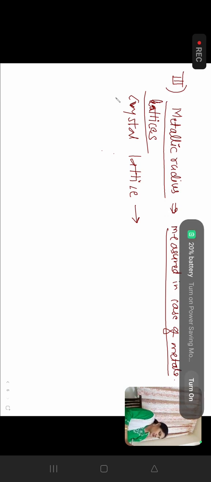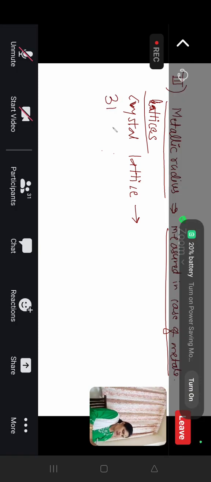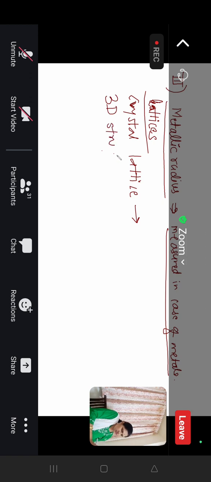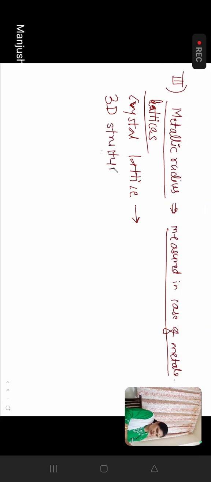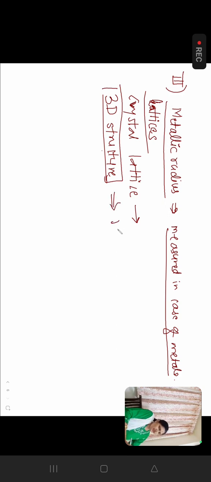Now in crystal lattice there is a 3D structure, that is a 3-dimensional structure. In the 3D structure there is one repeating unit, which is called a unit cell.